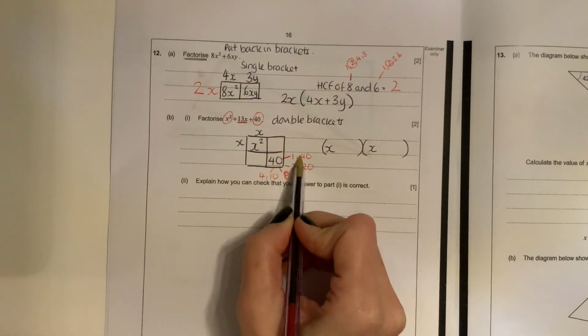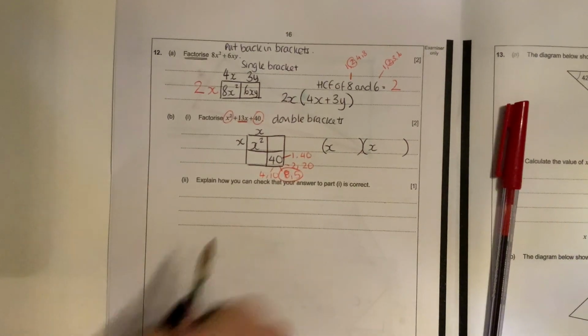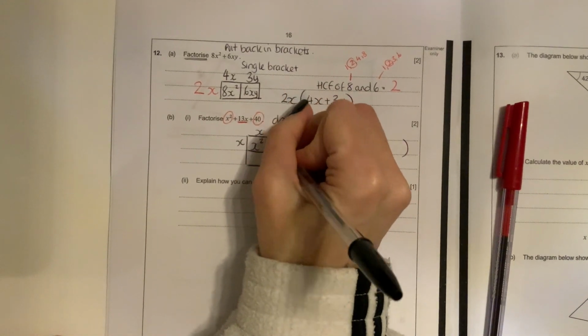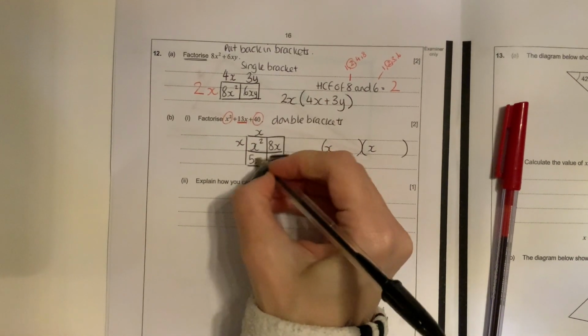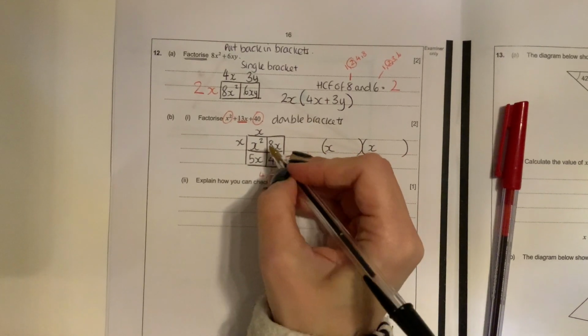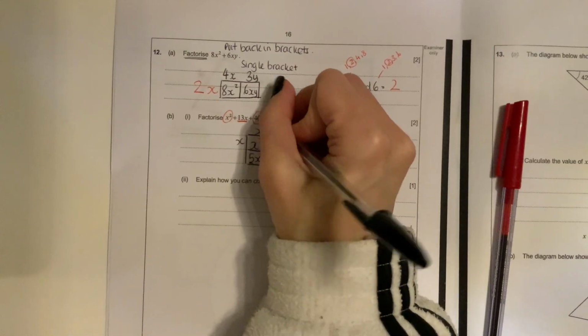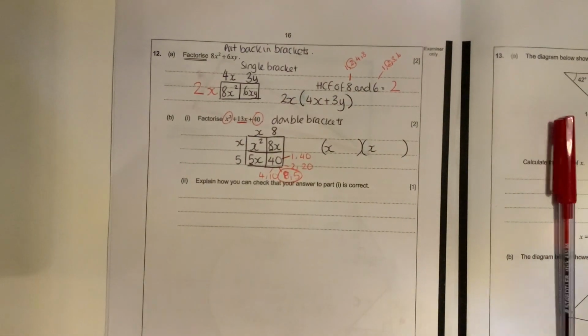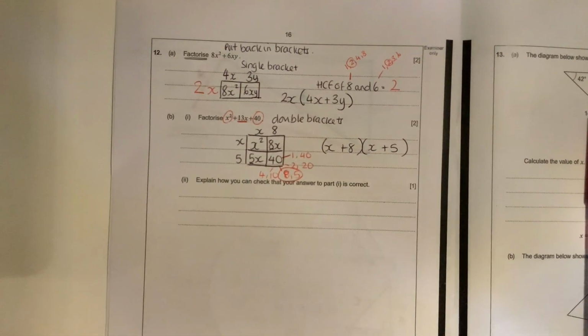Now there's only one pair of numbers that's going to make 13 here, which is 8 and 5. So I know that one is going to be 8x and the other is going to be 5x, because when I add them together they make 13, and when I multiply them they make 40. And what the trick is now is whatever number is in front of your x is what goes on the outside of the bracket. So we've got x plus 8 and x plus 5.